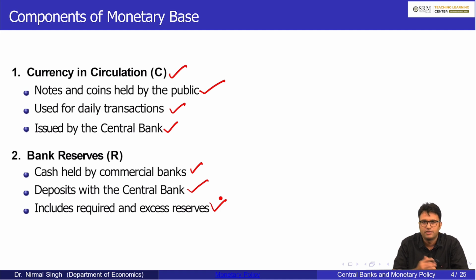Excess reserves are those reserves which the commercial banks maintain apart from whatever the statutory guidelines from the central bank's side require. So those are the excess reserves maintained by the commercial banks.